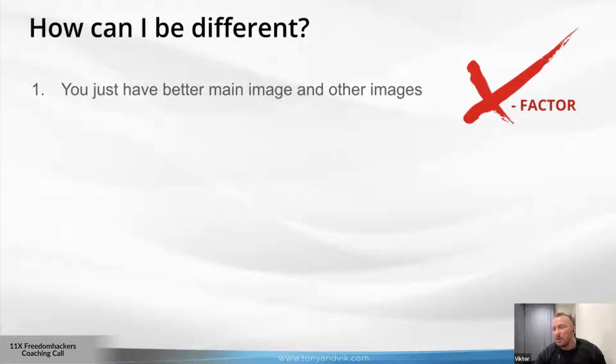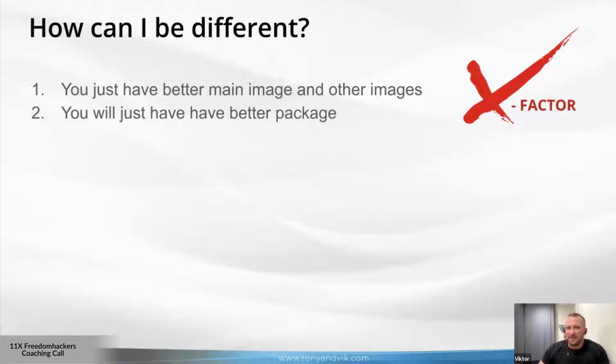Okay, now time flies by, and Amazon removes a bit of the possibilities to tweak the system, right? So doing a better main image and other images is more and more difficult nowadays, right? So the second option for you to be better than competitors, and it's actually the cheapest option, is to do packaging, right? But sometimes your product is really large, then obviously packaging is not the case, right?